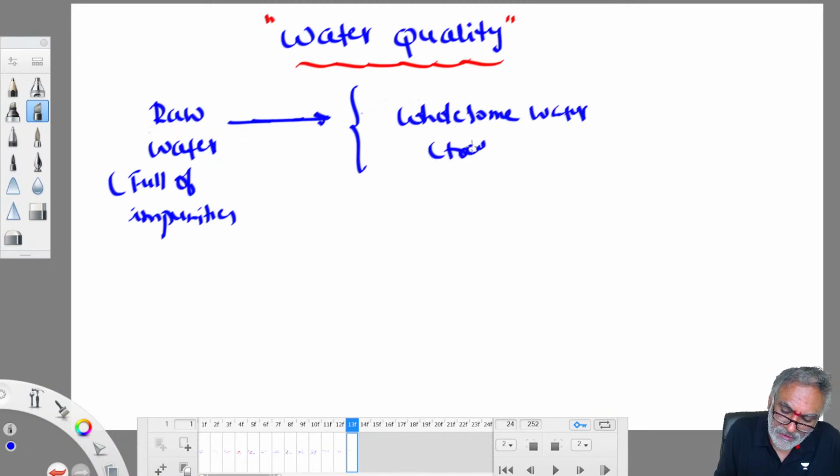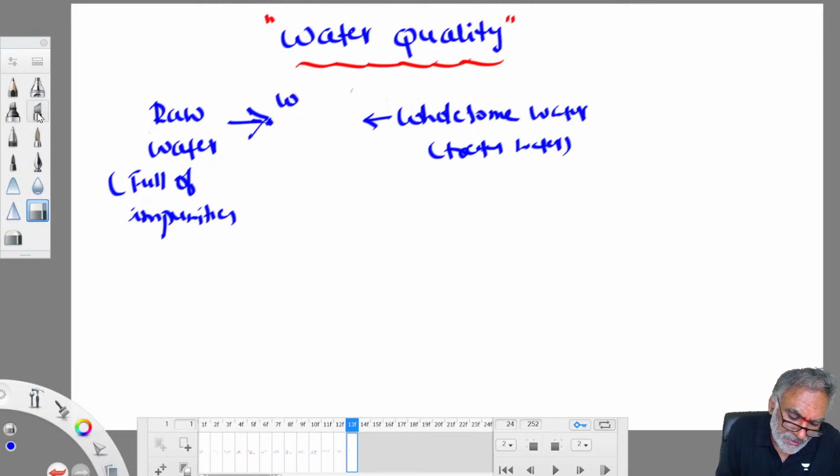Wholesome water is treated water after treatment. So in between what is there? Treatment is there. If you treat raw water, then you can convert it into wholesome water. Understood? So there is a water treatment in between.